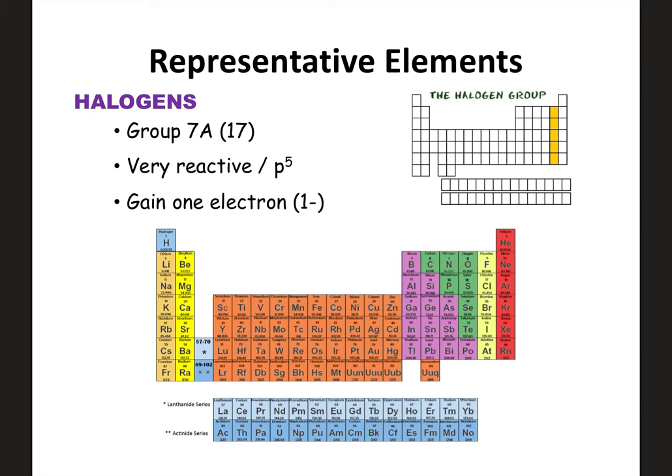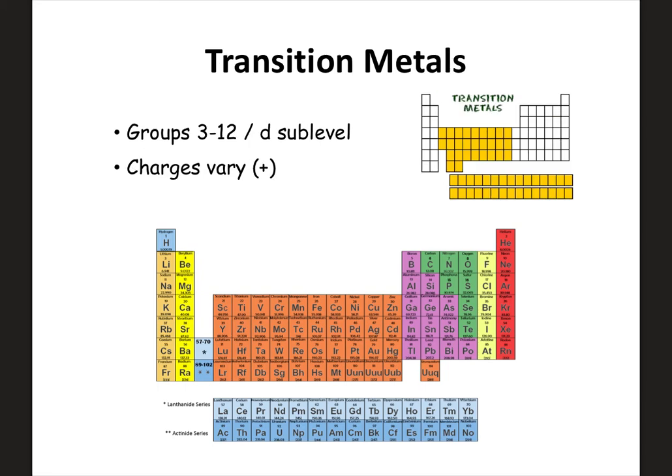They all end in p5 for their electron configuration, and they like to gain 1 electron and form a 1- charge when they form ions. Again, we'll talk about why in a little bit. So definitely label this column on your periodic table as halogens. We're going to talk about them as we go through the course, and you need to know that that group is the halogens.